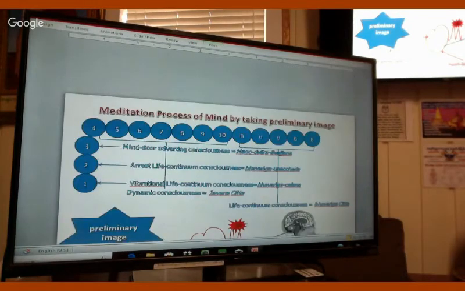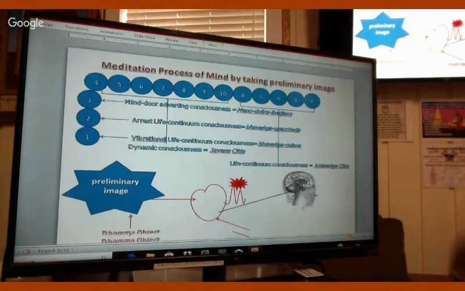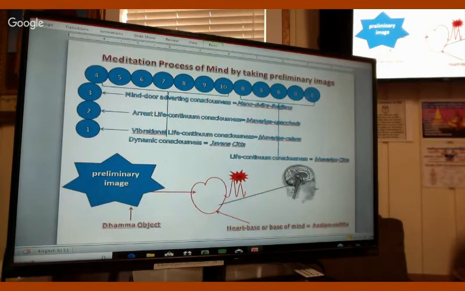So here we go to the process of mind. When you practice Rupavacara or Arupavacara jhana with this mind, you see a preliminary image in your mind. That situation is you close your eyes and then you see the preliminary image in your mind. At that time, this is the mind thought process.